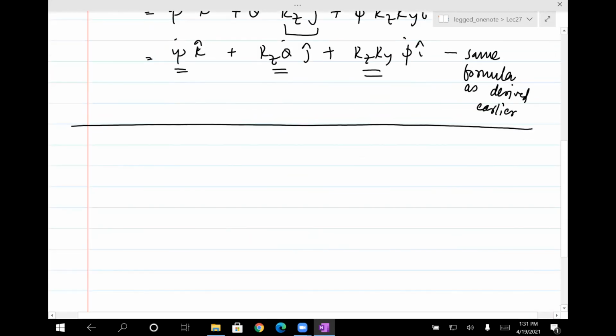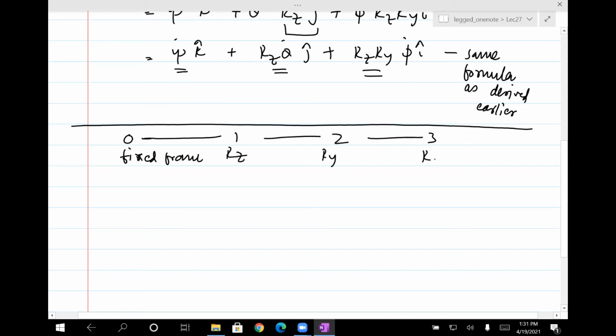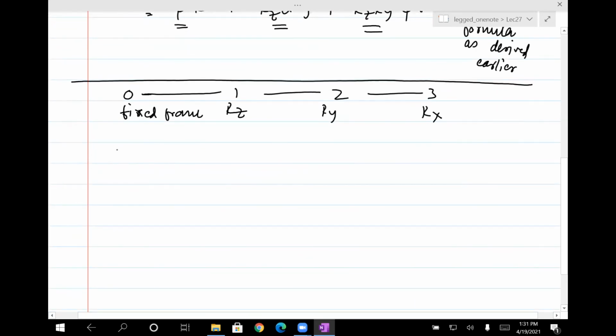So we just talked about 3 transformations from 0, that's the fixed frame. And from there, we went to frame 1, from there, frame 2, and then frame 3. And this was rotation about the z-axis, rotation about the y-axis, and rotation about the x-axis. So that formula was valid for this. But what if you had n rotations, 1, 2, 3, 4, and so on? So if we can write the rotation matrix for this is R10.